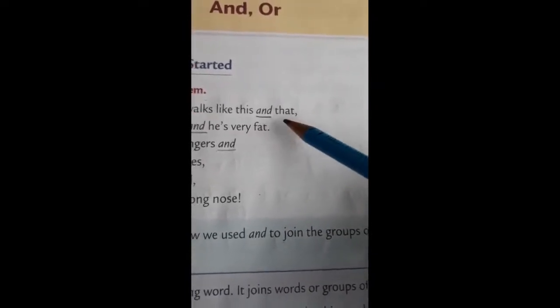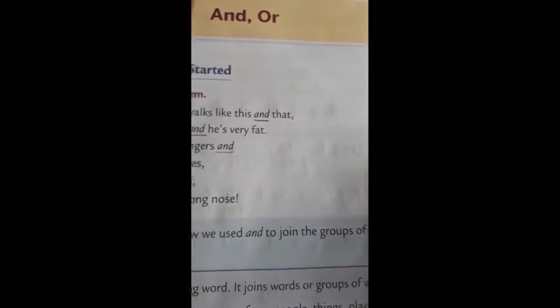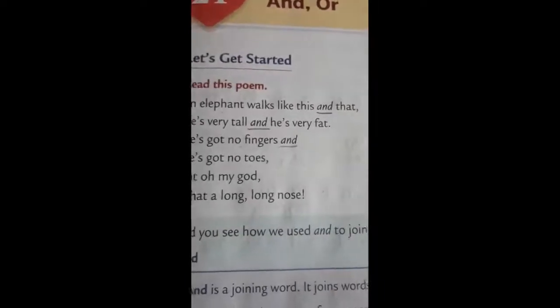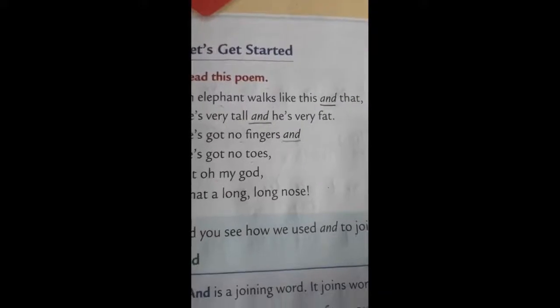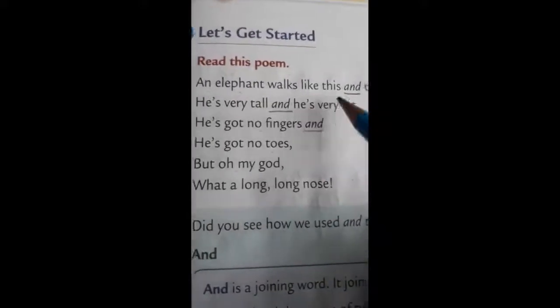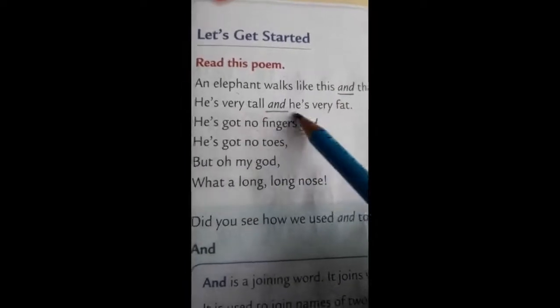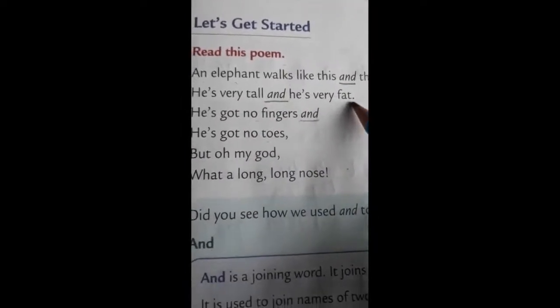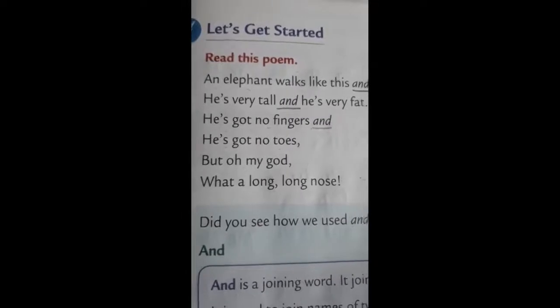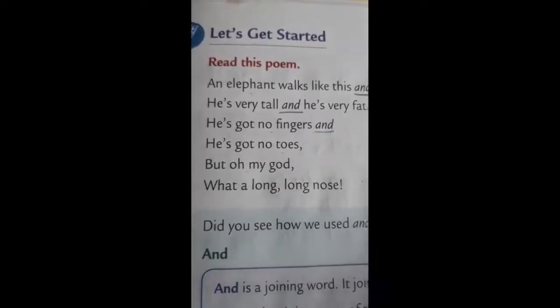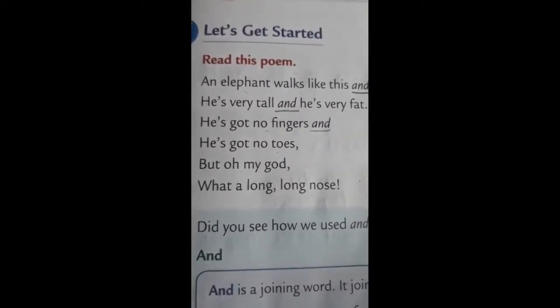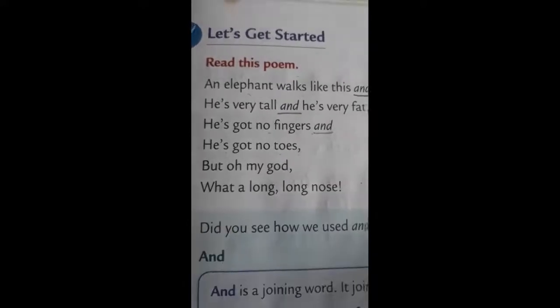We use and to join groups of words about the elephant. You can see he is very tall and he is very fat. These are groups of words.